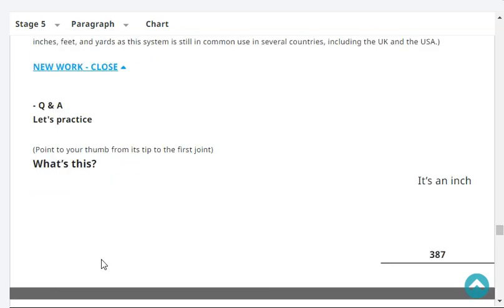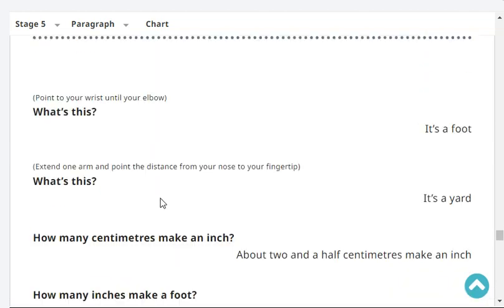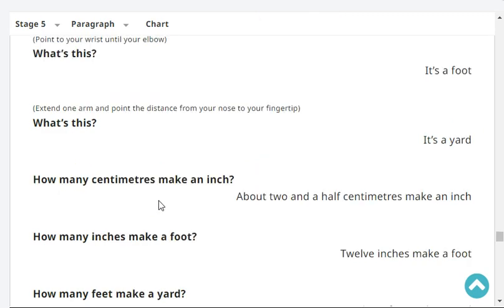Let's practice. What's this? It's an inch. What's this? It's a foot. What's this? It's a yard. How many centimeters make an inch? About 2.5 centimeters make an inch.